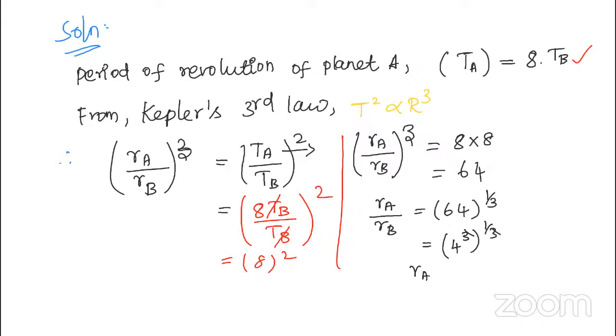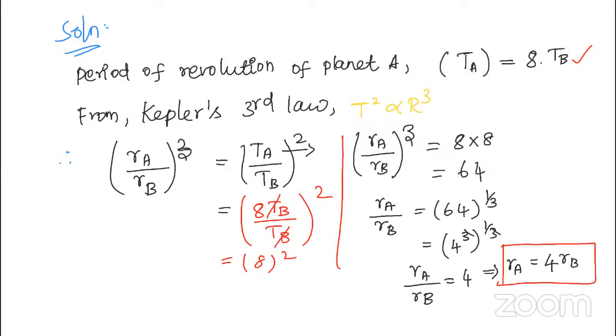So RA by RB is equal to 64 to the power 1 by 3. Here it is 4 cubed to the power 1 by 3, the 3 cancels. So RA by RB is equal to 4. Simply, we have to write that the RA value should be 4 into RB. So this is the result.